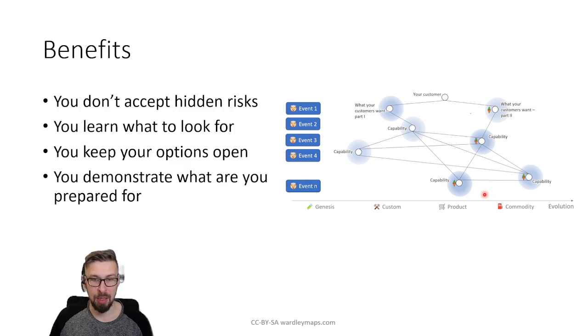And chances are that even if you skip any event in this section, the heat map will still hold true, which means that if an unknown event happens, your focus on being flexible will pay off and you will be able to handle it properly. In this way, you can demonstrate how well you are prepared to handle a particular project or a company, regardless of what's going to happen in the future.